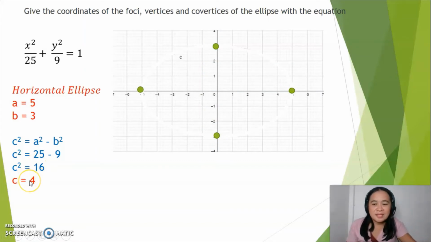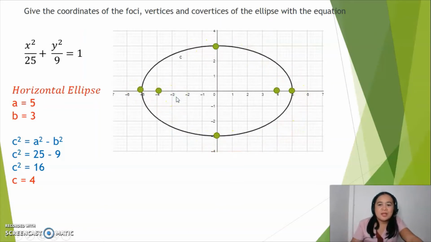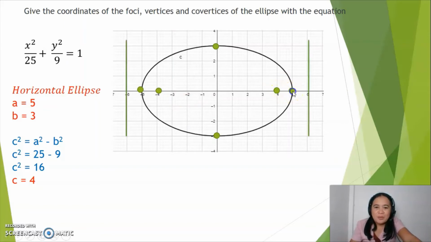And since our c is 4, from the center, count 4 points to the right and 4 points to the left. Then we simply connect the co-vertices and the vertices with a smooth curve. And since focus to vertex is 1, vertex to the directrix is also 1.